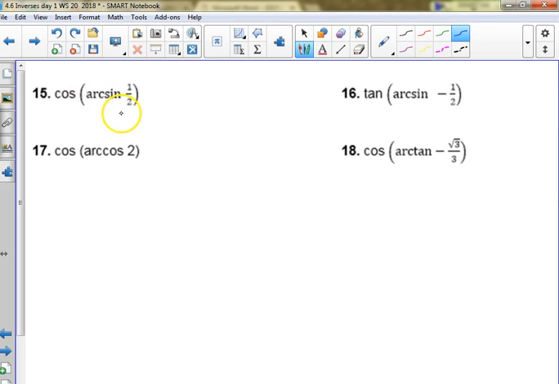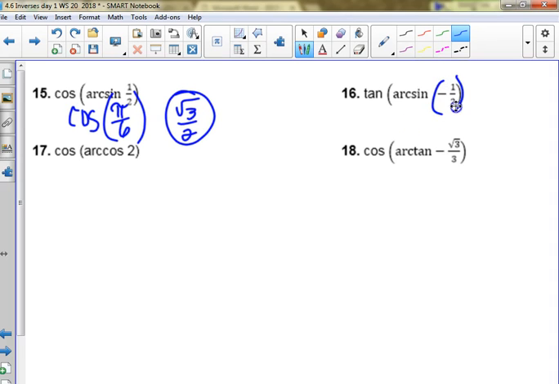Arc sine of 1/2. Where is there a sine of 1/2? What is the cosine at pi over 6? Good job. Okay. Where is the sine negative 1/2?